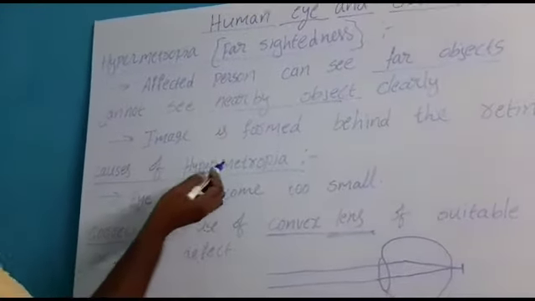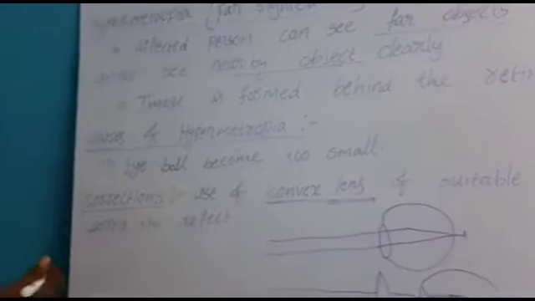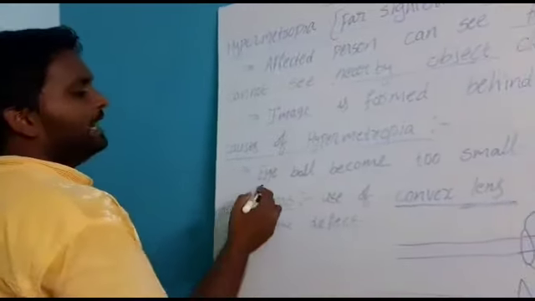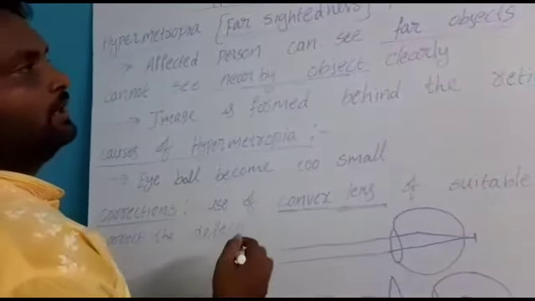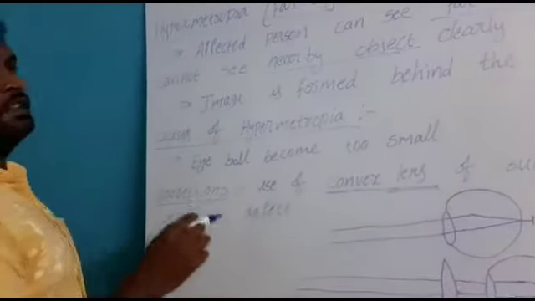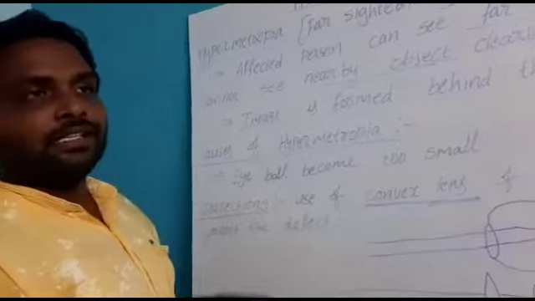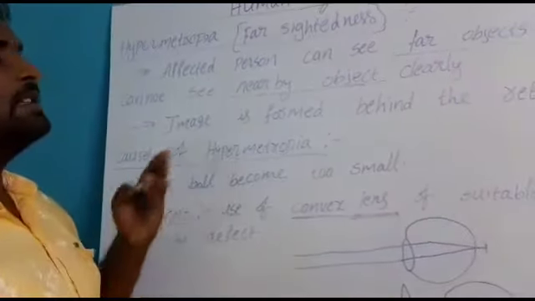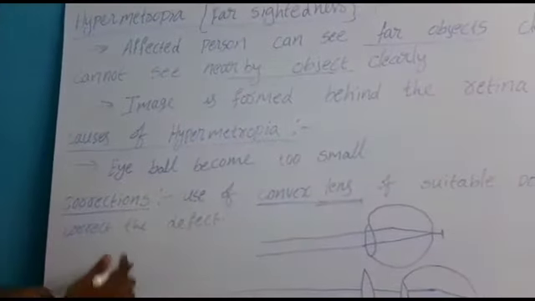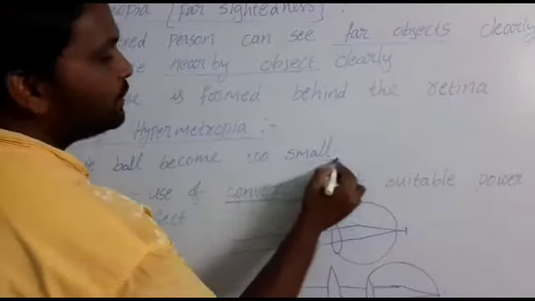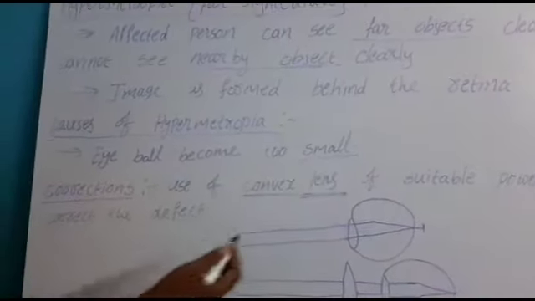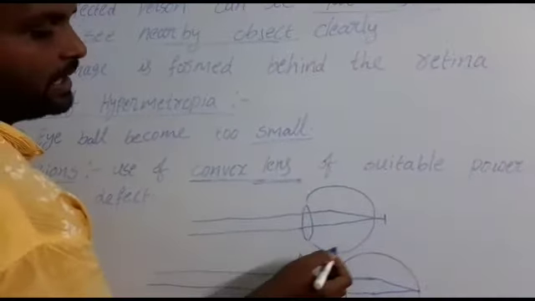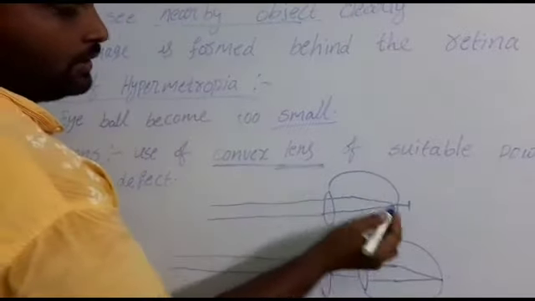The causes of hypermetropia: why does it happen, what is the reason? The eyeball becomes too small. What is the cause of myopia? The eyeball is enlarged. And here, the cause of hypermetropia is that the eyeball is too small. See here, this eyeball becomes small.